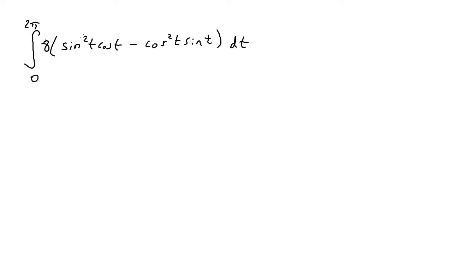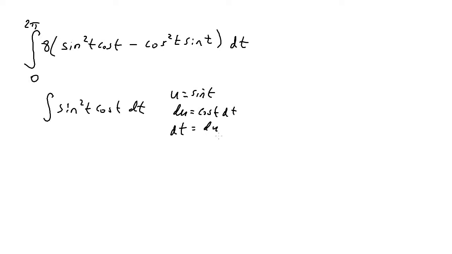Now 8 is just a constant, so I'm going to go ahead and rewrite the integral of sine squared t cosine t dt. It's just that term first. Now once again, we can just use u substitution, so if u equals sine of t, du is going to be cosine t dt, so then dt equals du over cosine t. When I go ahead and sub that back into the integral, we get the integral of u squared cosine t times du over cosine t.